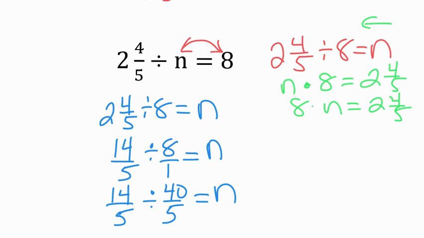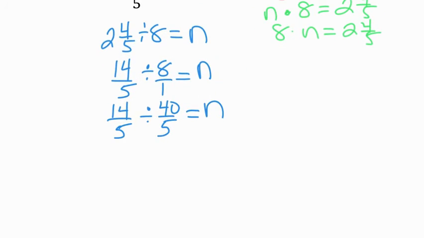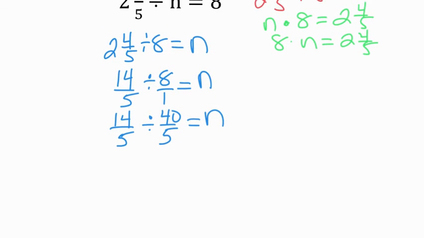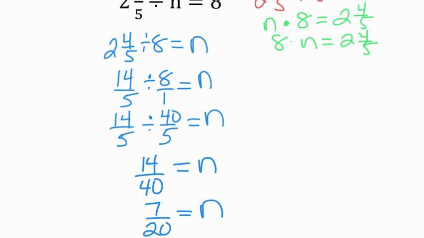I now divide across. Rewrite 14 divided by 40 as my fraction. 5 divided by 5 is 1. Don't need to use that. And 14/40 or 7/20 equals n. So again, our whole goal using the fact families is to rearrange them properly so that our variable is by itself. Then I have that problem to be able to solve for the variable.